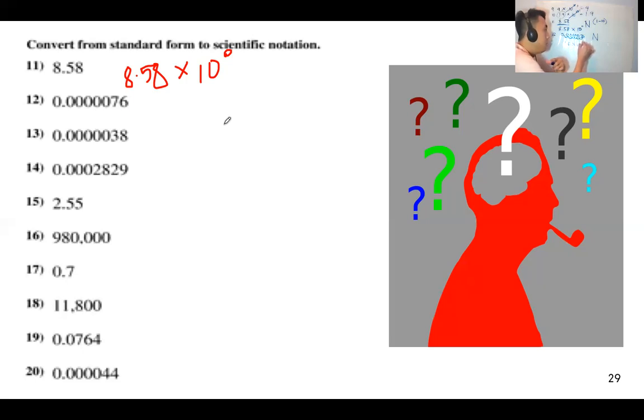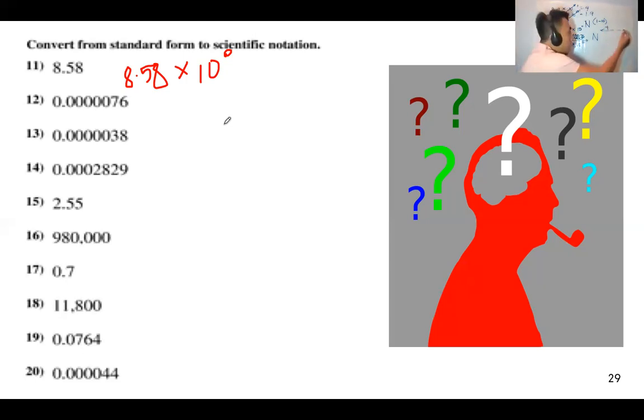Last step, we need to see what will be the sign for 6. We moved to the right side. Okay? If we are finding the sign of the exponent, pag nag-left tayo, positive.